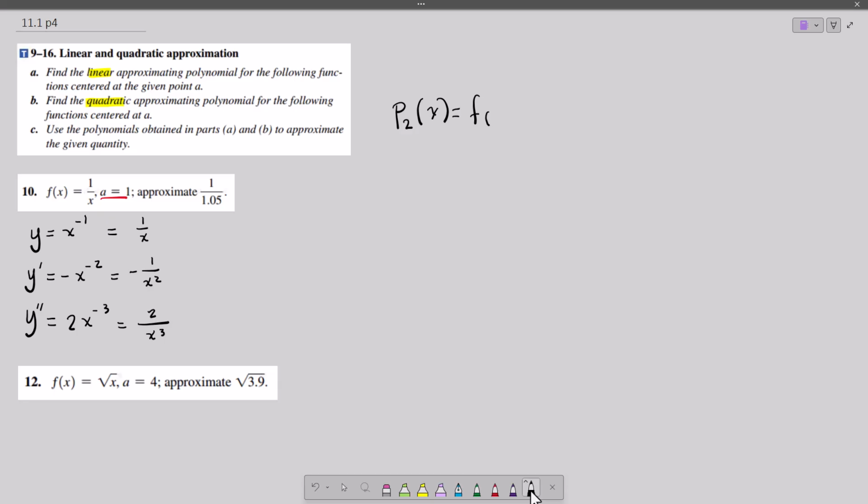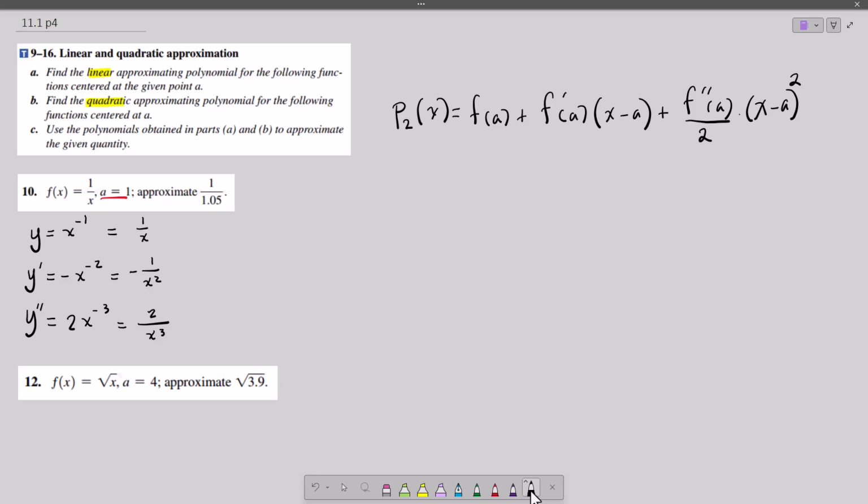That was f of a plus f prime of a times x minus a plus f double prime of a over 2 times x minus a squared. That's what we concluded was the second order approximation. The first part's the tangent line, and now we've added the second order term, which is going to give us the best quadratic approximation.